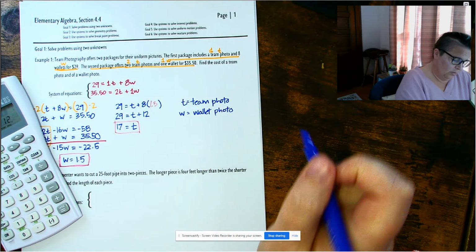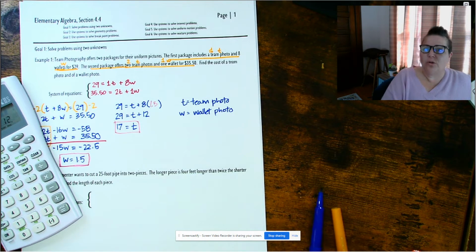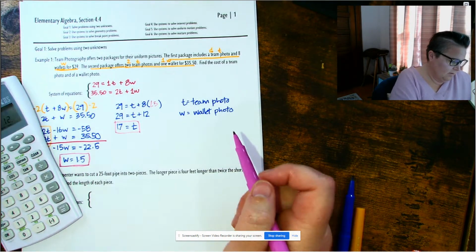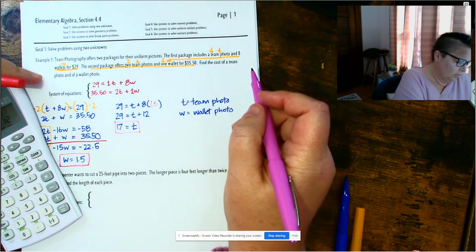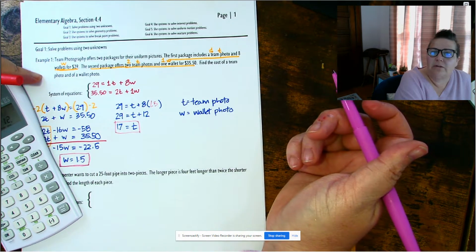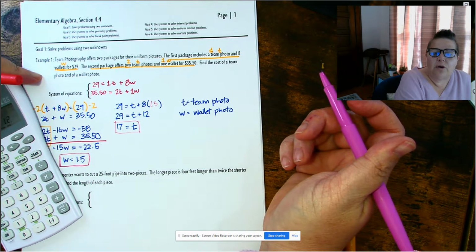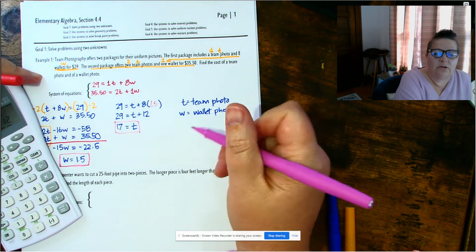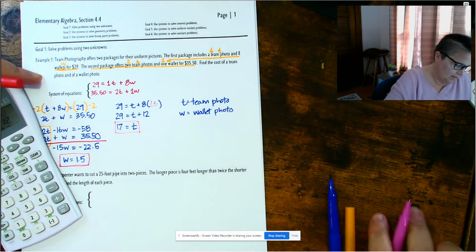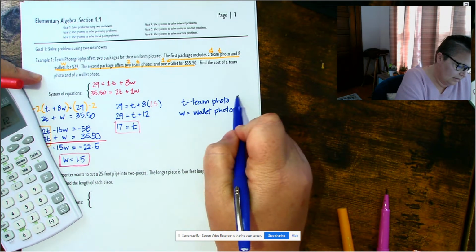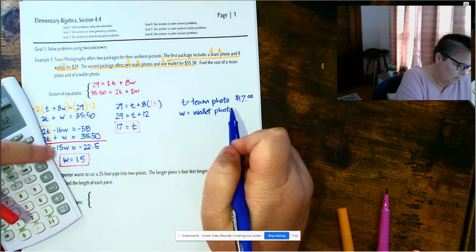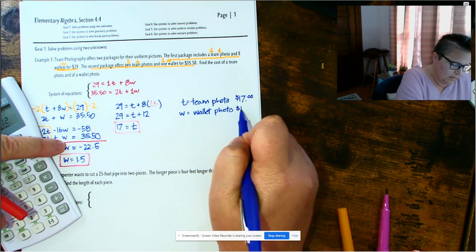So for the T, that's going to be $17. And the wallet photo is 1.5. That's going to be $1.50.